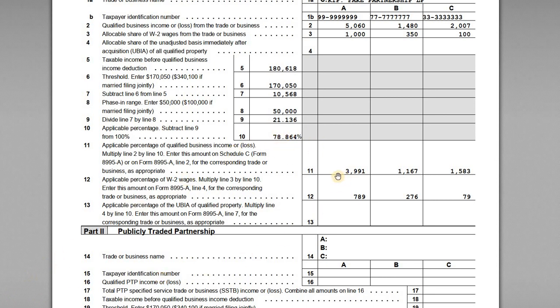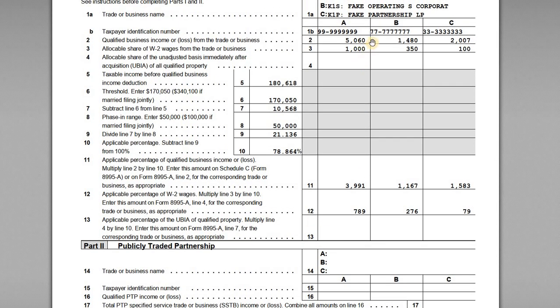78.864%. Now, each of these line items here, 11, 12, and 13, they represent the gross unadjusted amounts up here multiplied by this applicable percentage. So if we take 5,060 times 78.864%, we get 3,991. If we take the $1,000 of allocable W-2 wages multiplied by 78.864%, we get 789.